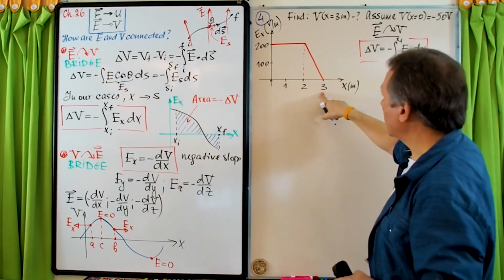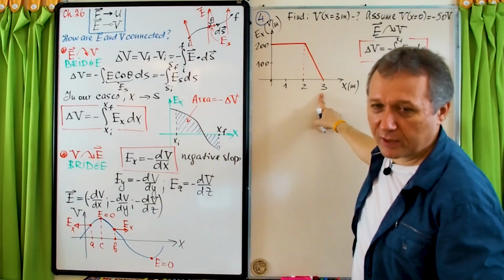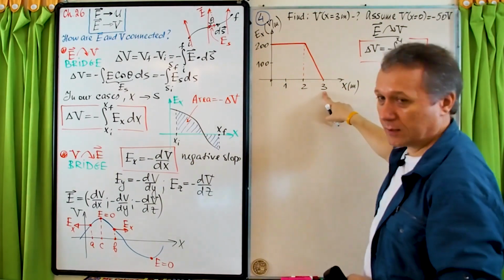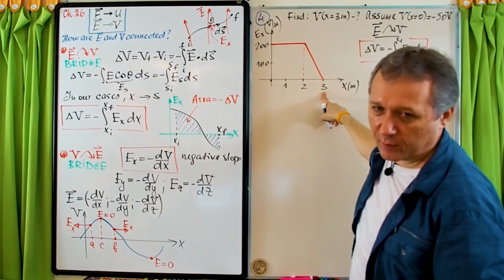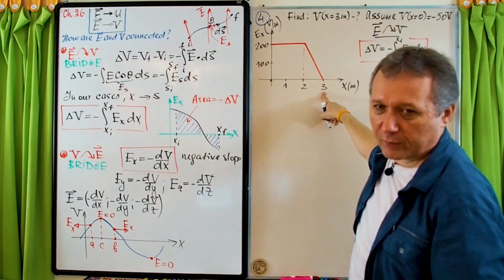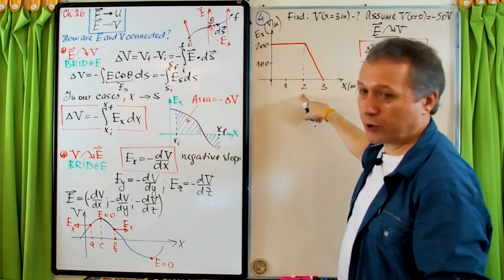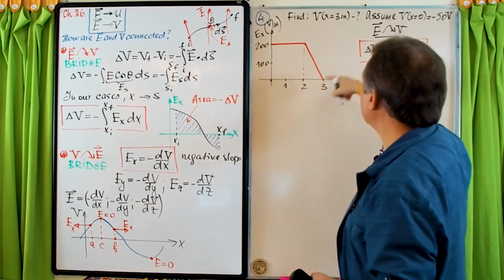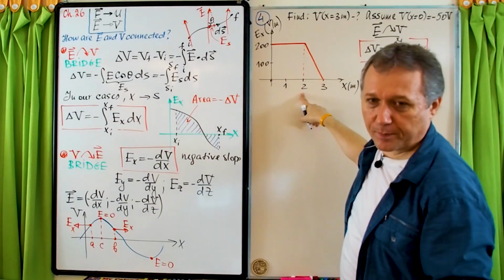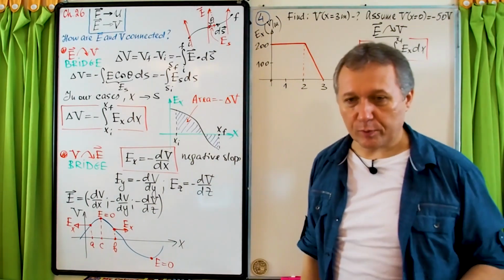And since we want to find the electric potential at this point, it makes sense to take x equals 3 as our final point. But the problem could say, find the electric potential at point 2. In that case, final will be x equals 2. It depends on what the problem says.